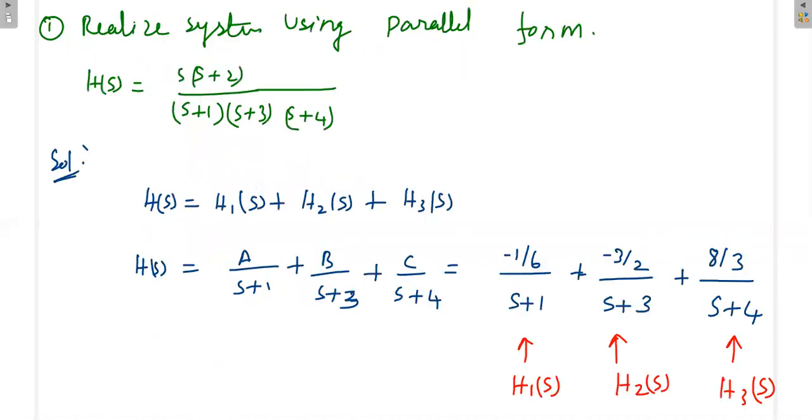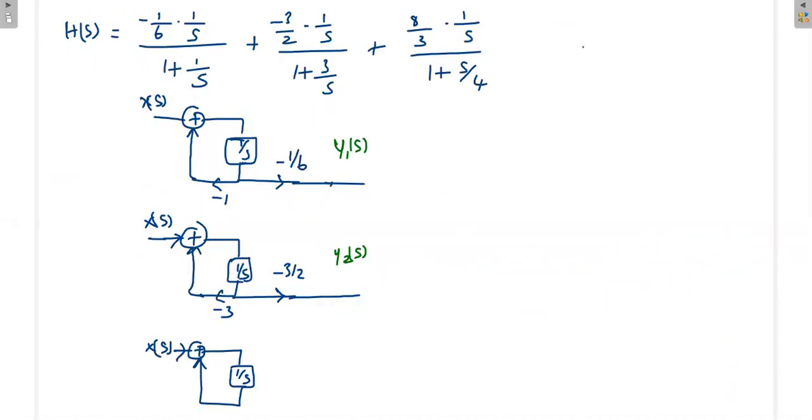We'll check. Okay, that is 4 by s, not s by 4. So what is the coefficient? That is 4, so use minus 4. Then what is the coefficient here? 8 by 3. Okay, this is Y3(s).